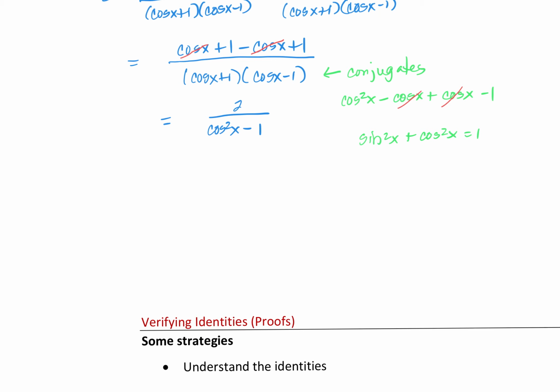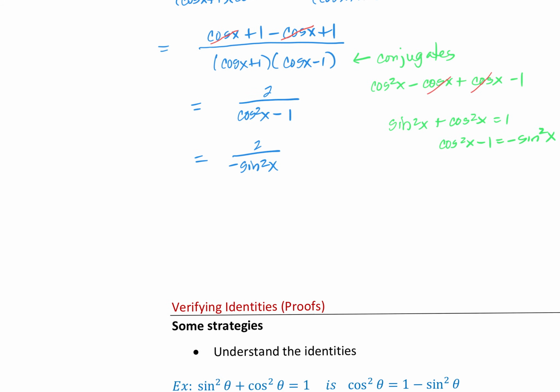So if I were to subtract 1 from both sides of this equation and subtract the sine squared, I would get cosine squared x minus 1 is equal to negative sine squared x. So I can replace, because this is not really simplified, the cosine squared x minus 1 with negative sine squared. So it's going to be 2 over negative sine squared x.